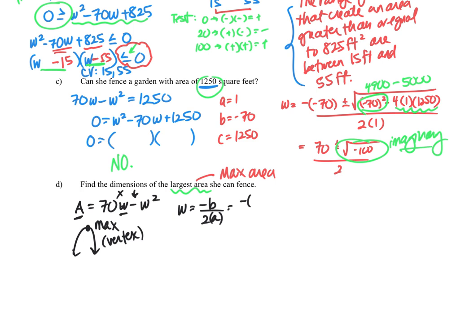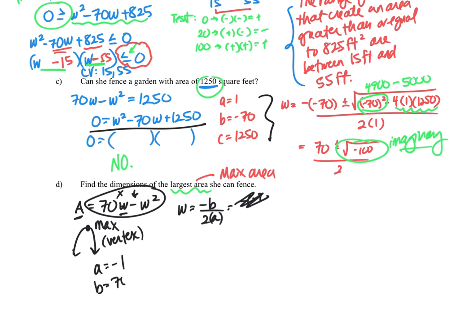Oh, wait a minute. I was using my A and B from up here when I moved stuff around. If I'm just going right here, A is equal to -1, B is equal to 70, and C is equal to 0. It doesn't matter if I use these or if I use these, but I have to stay consistent.